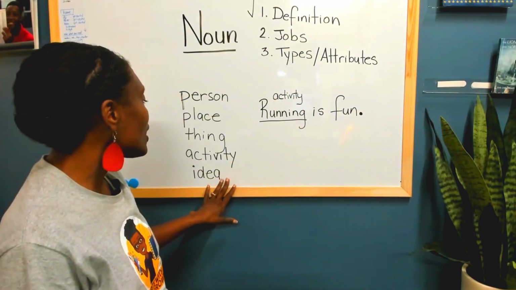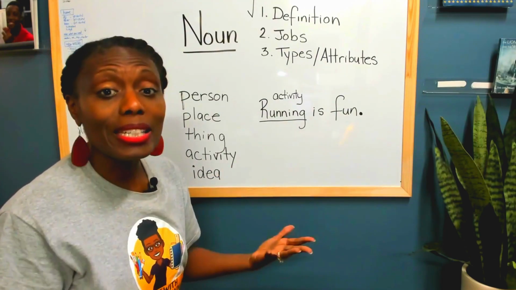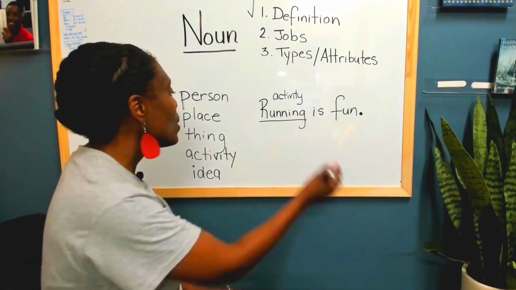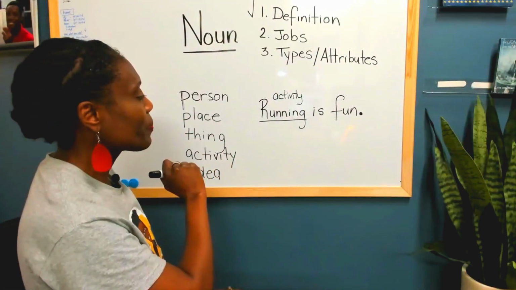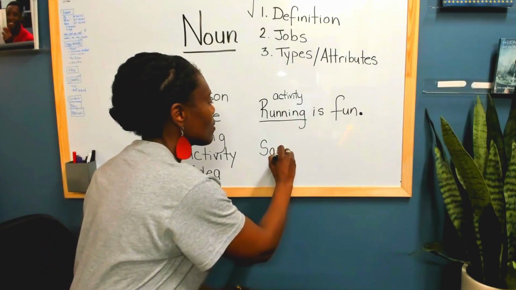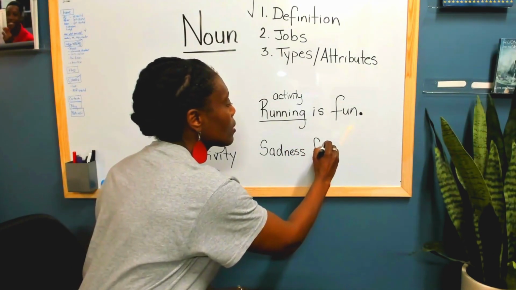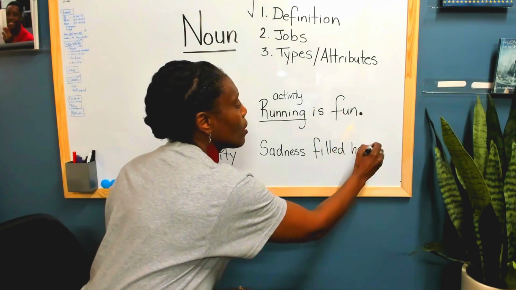Now let's look at a noun that is an example of an idea, or you can also say like an emotion as well. So let's use this sentence, sadness filled her heart.